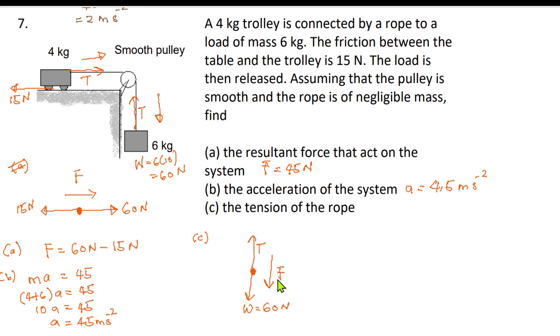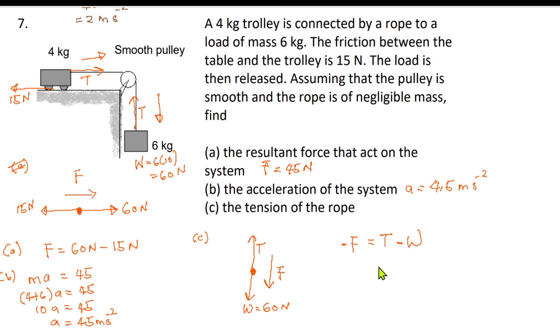So how do we solve this? My force F, the direction is going down, so I'm going to put a negative F here, because my F is going down, equals T, which is going up, so it's a positive in front here, minus my W. W is a minus, it's going down.